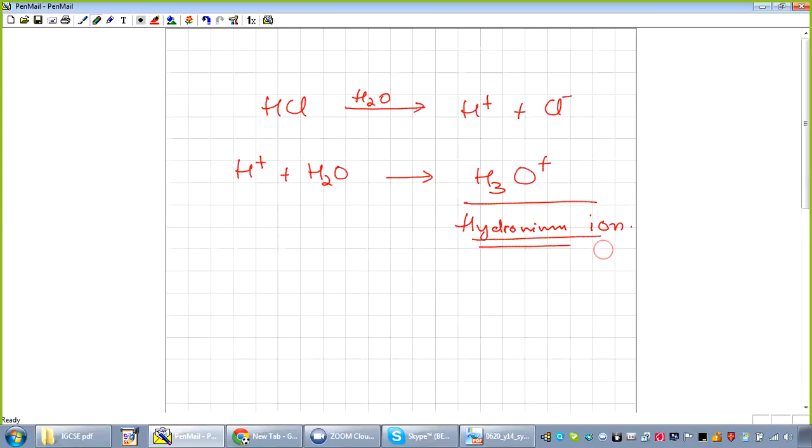Later I'll send you the link, or you can go through my channel to see the formation of the hydronium ion. That is part of the bonding chapter. Now here HCl is one of the substances that forms the hydronium ion, so it is a proton donor.